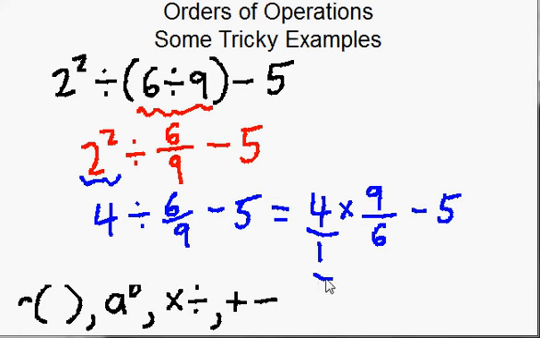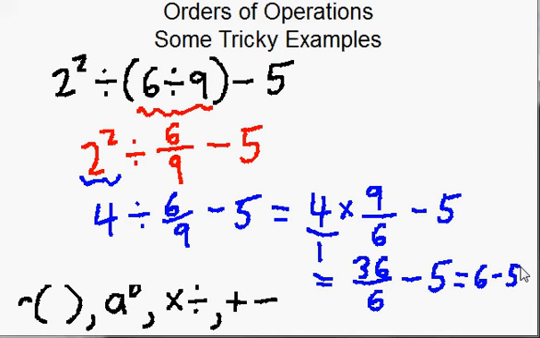So what I end up with is 4 times 9 is 36. So I've got 36, 1 times 6 is 6, over 6, minus 5. Now that's not too bad, because 36 over 6 is equal to 6, right? So 36/6 is the same as 6, so I've got 6 minus 5, which is 1.